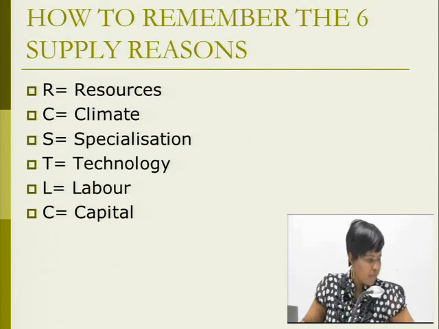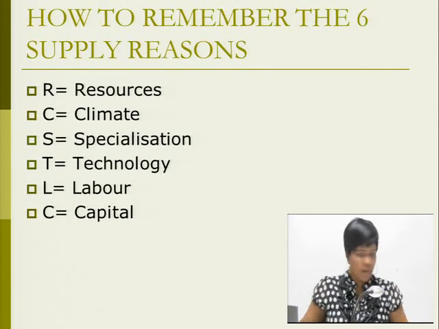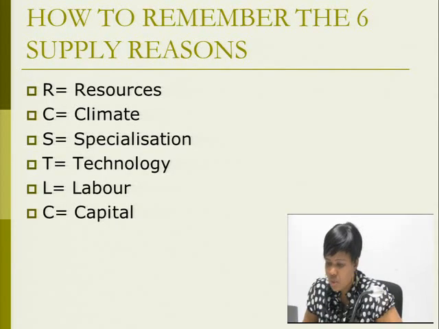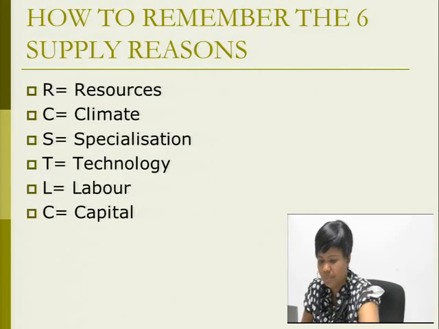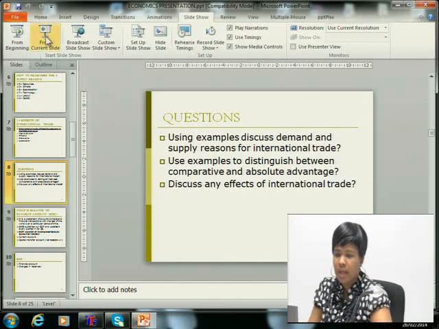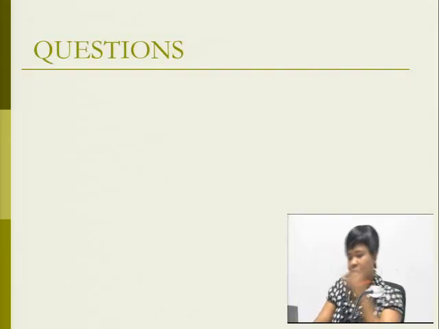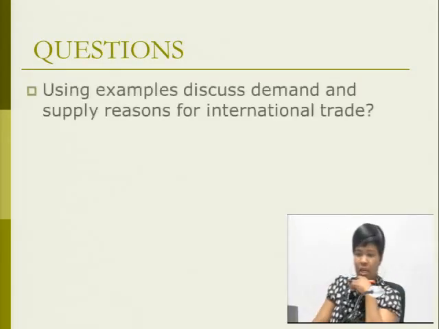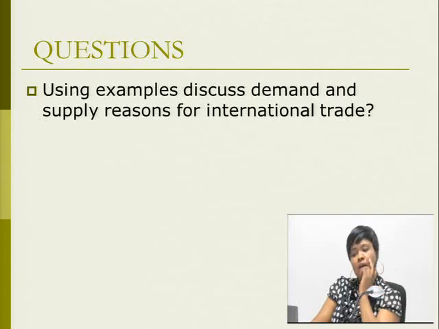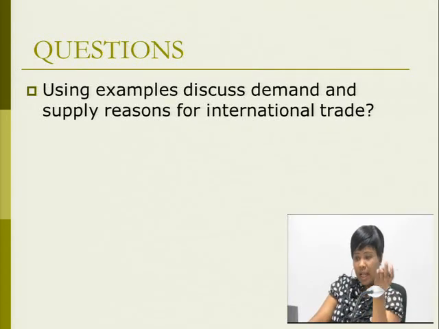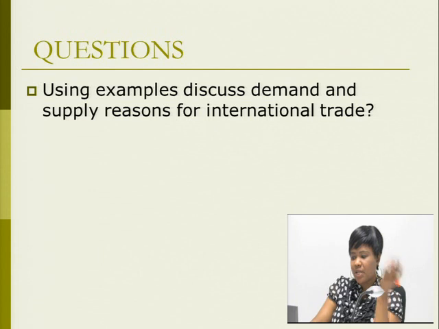Then, with regard to this unit, you need to know the following. You need to know the questions that might be asked with regard to this unit that we have just gone through. First one, you must use examples to discuss the demand and supply reasons for international trading.